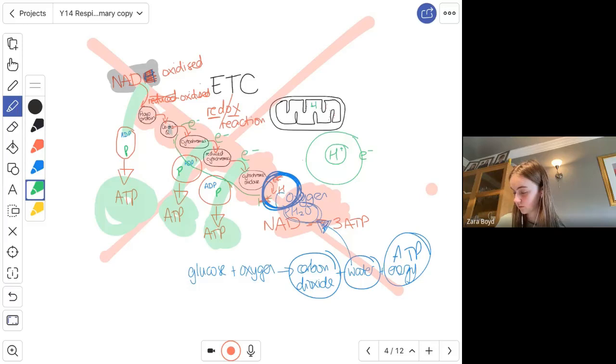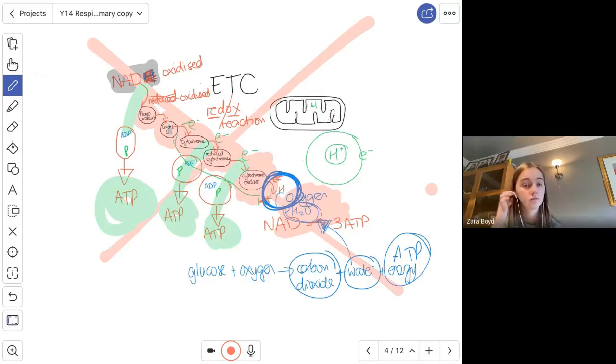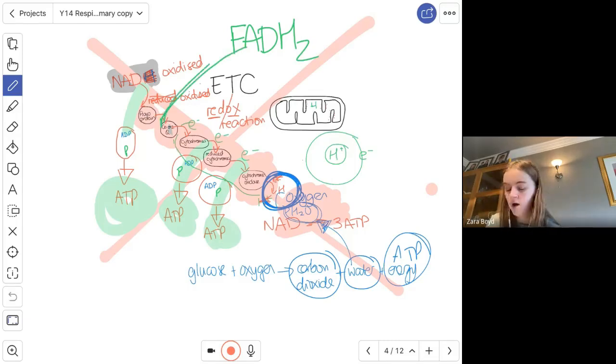FADH2 arrives at a different place. So if I write FADH2, it cuts in after the flavoprotein. It cuts in there and passes the hydrogens on to coenzyme Q. So it's actually left out the first step.